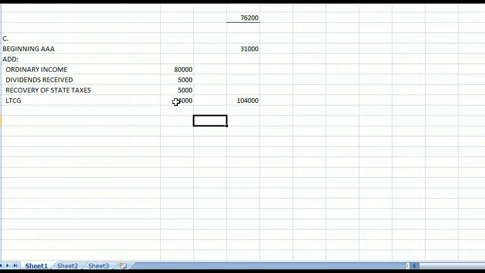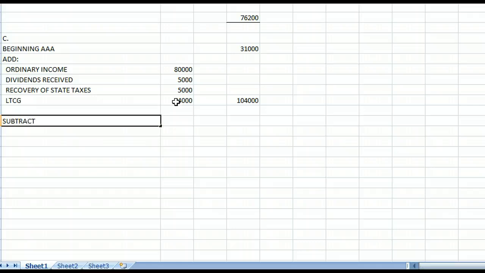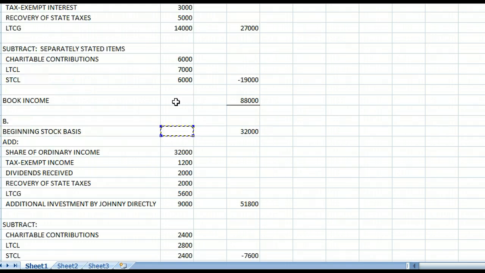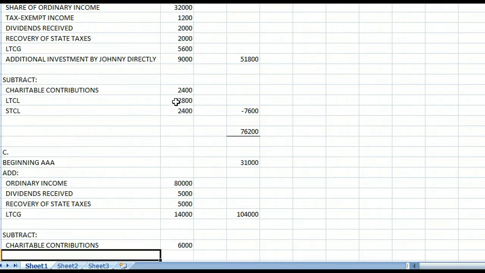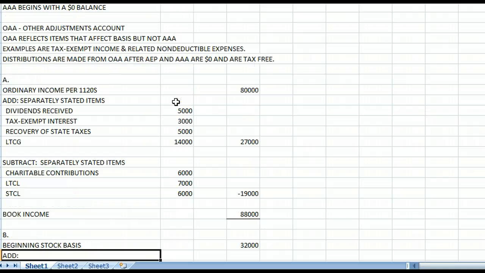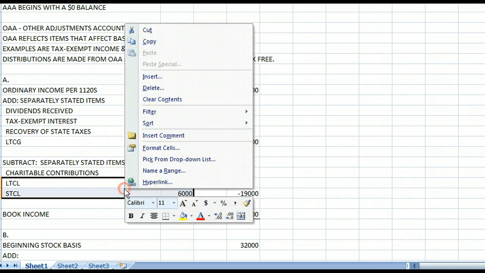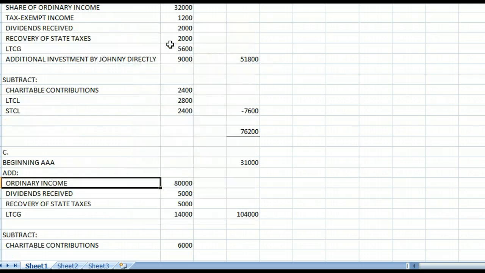Now let's go through and do our subtractions. Charitable contributions. So, like I said, now I'm pulling these up in total. So I'm going to use the whole 6,000. I'm also going to pick up, I'm just going to go ahead and copy these, the long-term capital loss and the short-term capital loss.